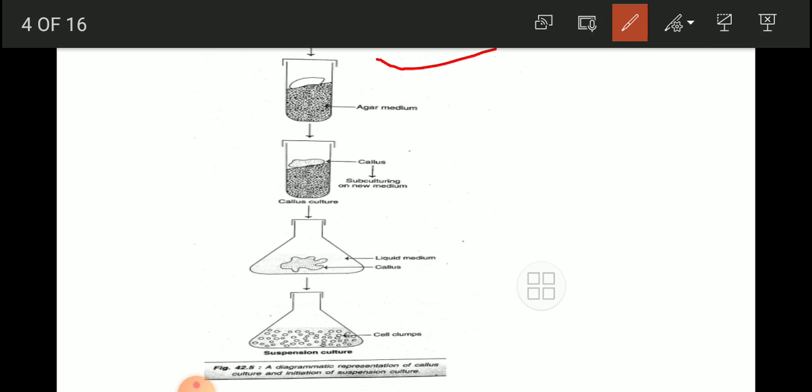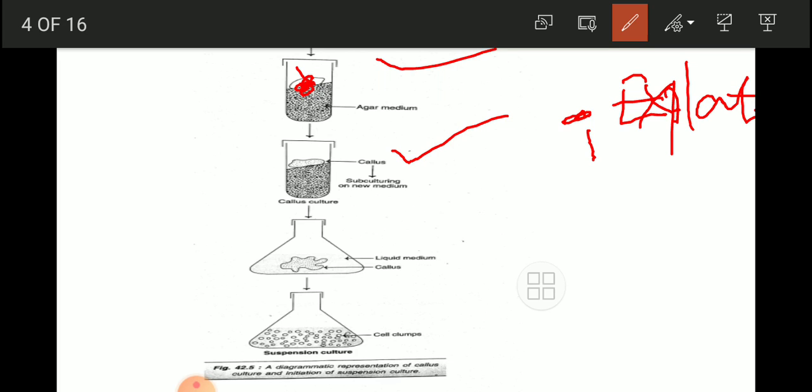Then that surface sterilized explant, which I have made a little bit pink or red in color, is put on the agar medium. After incubation we will find the callus developed, an undifferentiated mass of tissue. So we have added a small amount of explant on culture medium, and later on after incubation we will find this much size of undifferentiated and unorganized mass of tissue, and this is the callus.